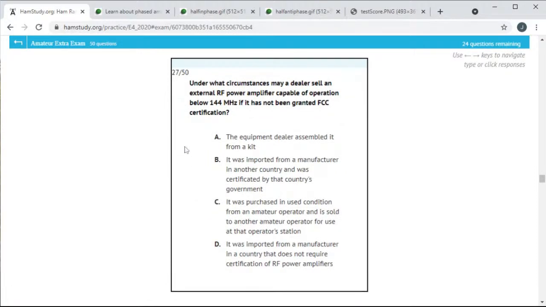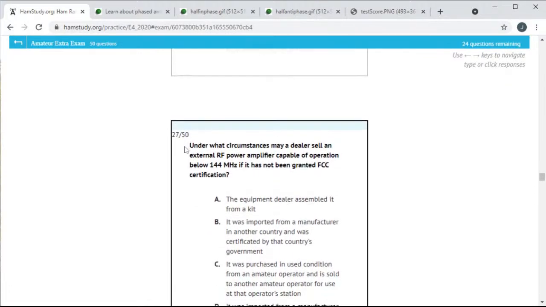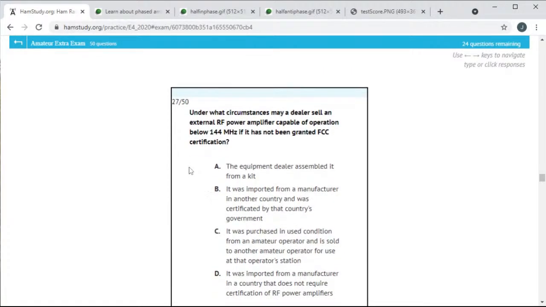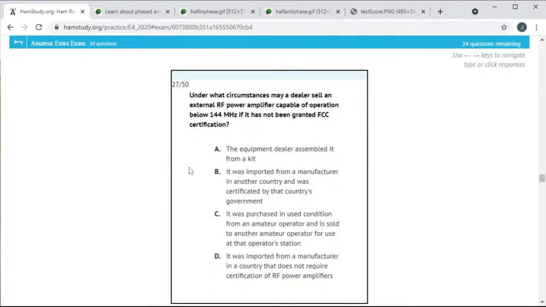Under what circumstances may a dealer sell an external RF power amplifier capable of operation below 144 megahertz if it has not been granted FCC certification? A, the equipment dealer assembled it from a kit. B, it was imported from a manufacturer in another country and was certified by that country's government.